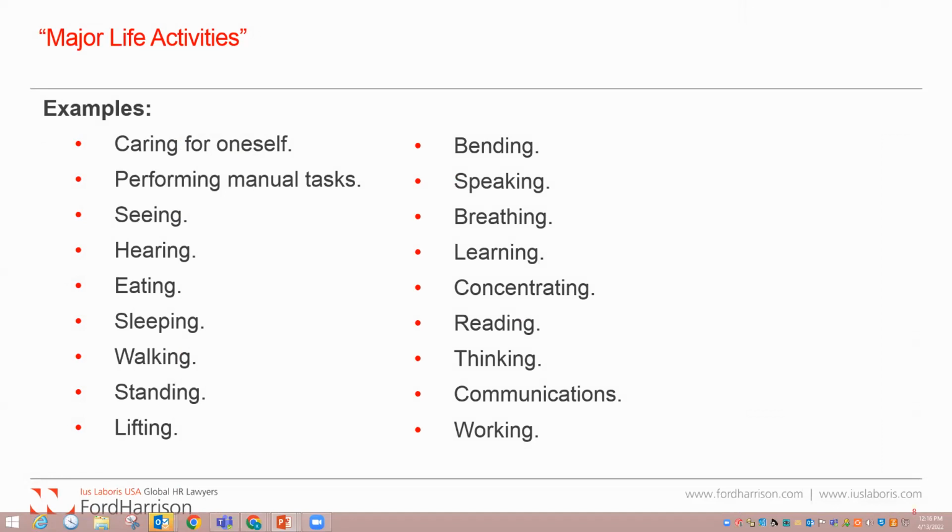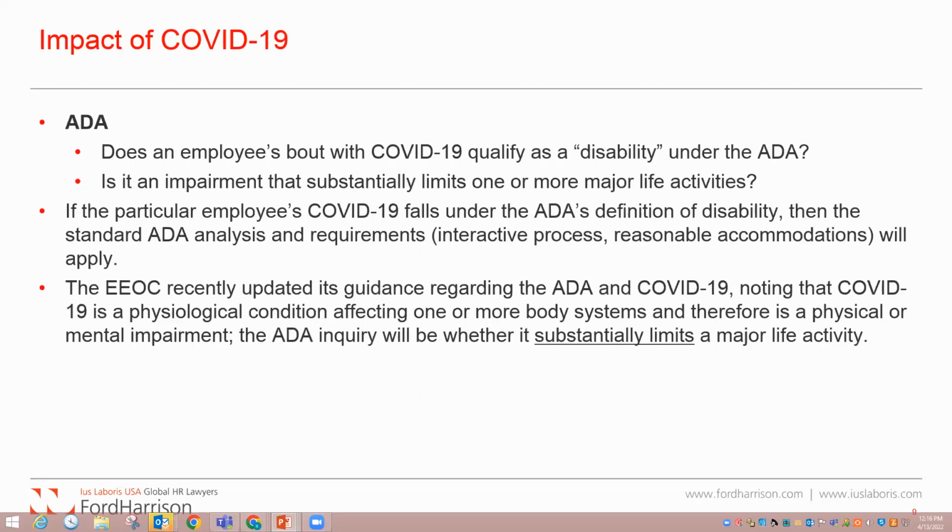They're all of the really important things, and also include the operation of major bodily functions like immune system, respiratory, circulatory, digestive. And that's kind of what's going to come into play a lot with people who have long COVID. And I'm going to talk about that because that's the issue with COVID-19.